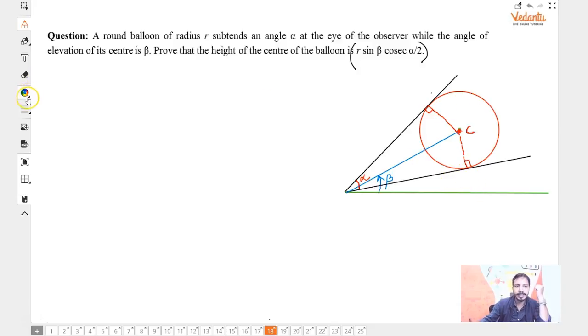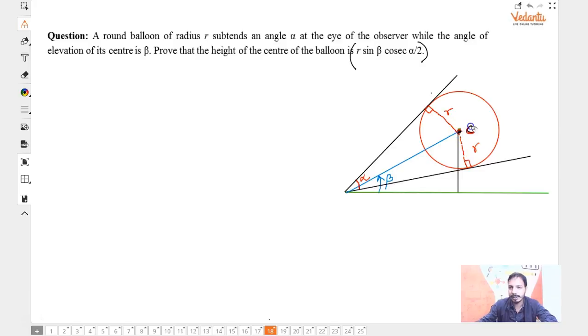Now this radius is given as, this is r and this is r. You need to find out the height of that particular center from the ground. Always try to find the height from the ground. Forming the question is an important part. Once you form the question properly, then 50% work is done, right?